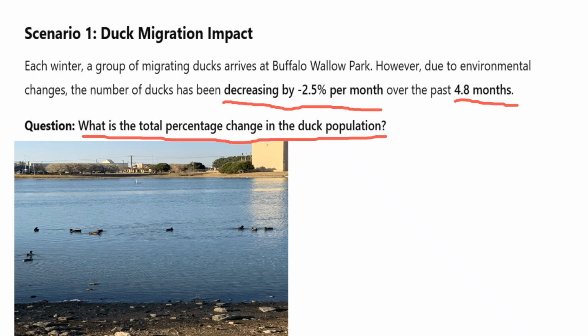Okay, so this is an interesting scenario, and I do believe that we already have taken up in our grade six level, or grade five, how we can actually multiply and divide decimals, right?